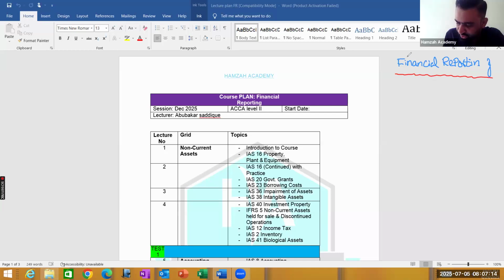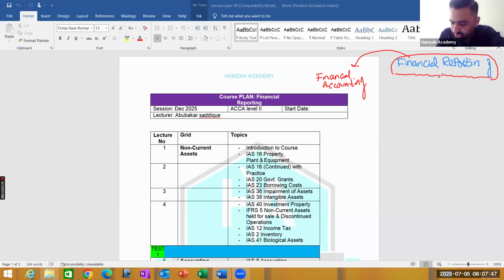Before financial reporting, you have studied the financial accounting paper at the foundation level or at the knowledge level of ACCA. We have financial accounting, then we have financial reporting, which we are going to learn today.